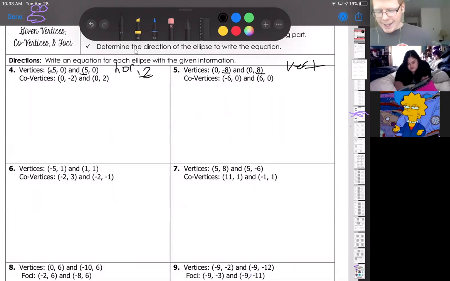But to get your equation, we have our vertices, we have our covertices. The problem is we need to figure out what our center is. But a neat little trick to get your center is looking at these points. Your center is always going to be the y value of your vertices and the x values of your covertices.